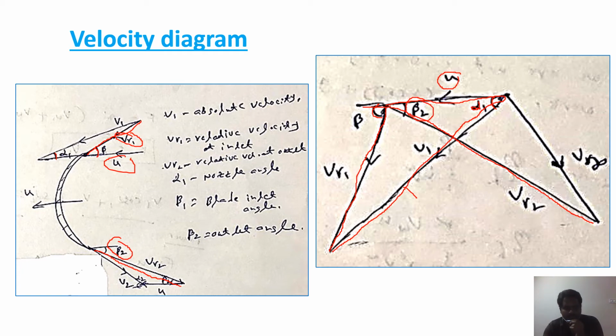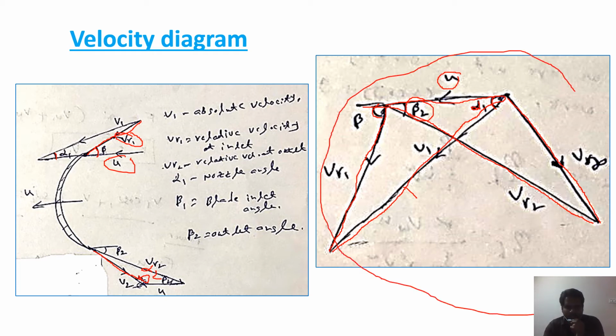The remaining velocity is the absolute velocity at outlet, that is V2. Here the angle is alpha 2 from the u. So this is the V2, the angle is alpha 2 from u. So this is how we have to draw a velocity diagram. This combination of velocities and angles is known as the velocity diagram.